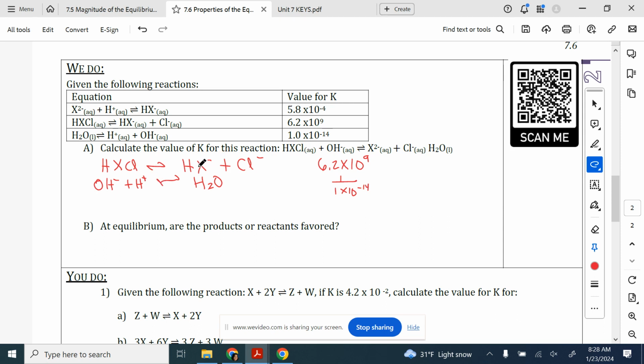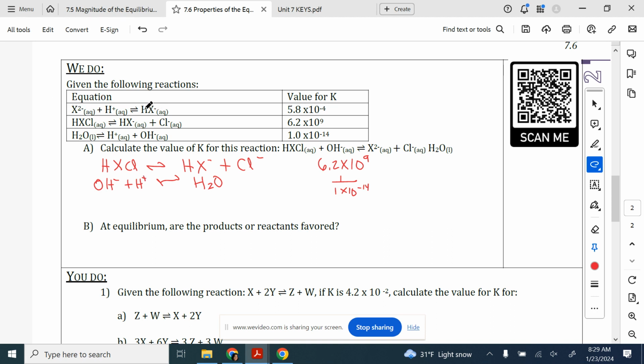Now I don't have any HX's showing up here, so I need to get rid of that HX on this side. So I need to flip this one around. That will also pull out the H plus, which I need to get rid of, and it's going to get this one on the correct side.